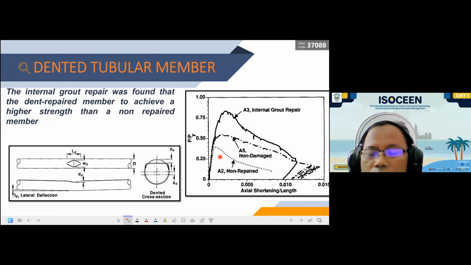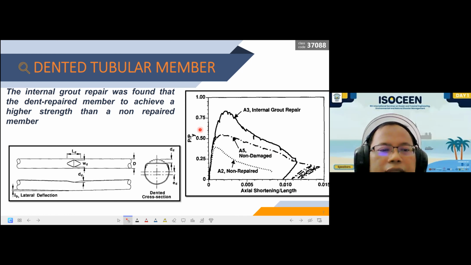This is the low graph, the non-repair. When we repair by the internal grout, we can see that the strength is higher than the intact pipe. So we can conclude that internal grout repair was found to achieve a higher strength than a non-repair member.